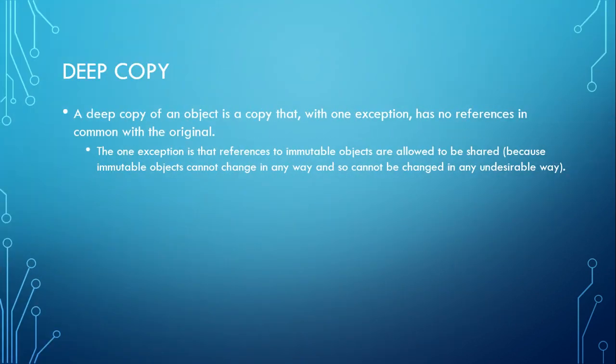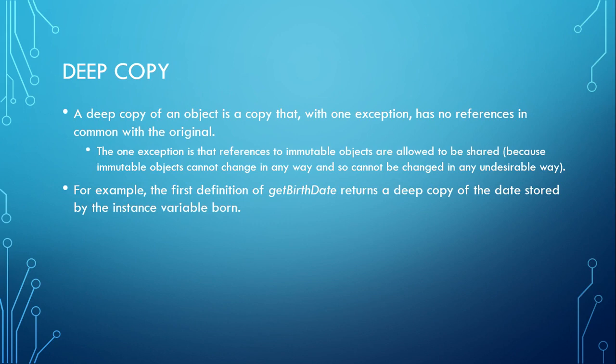So a deep copy is a copy of the object that, with pretty much one exception, has no references in common with the original. The one exception is that references to immutable objects are allowed to be shared because immutable objects cannot change in any way and so cannot be changed in any undesirable way. So that's only for immutable objects, though, like String. For example, the first definition of getBirthDate returns a deep copy of the date stored in the instance variable born.